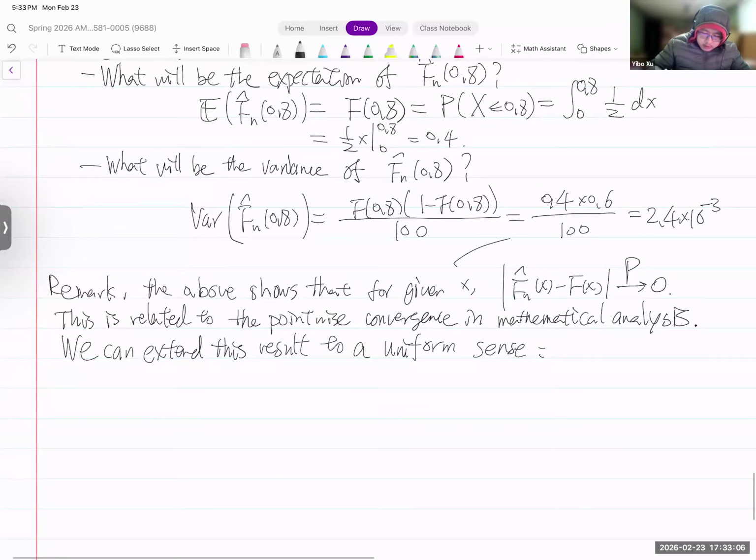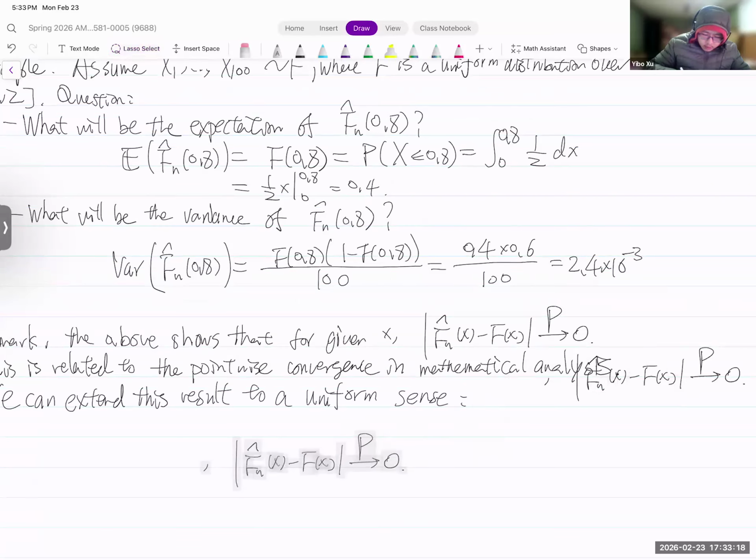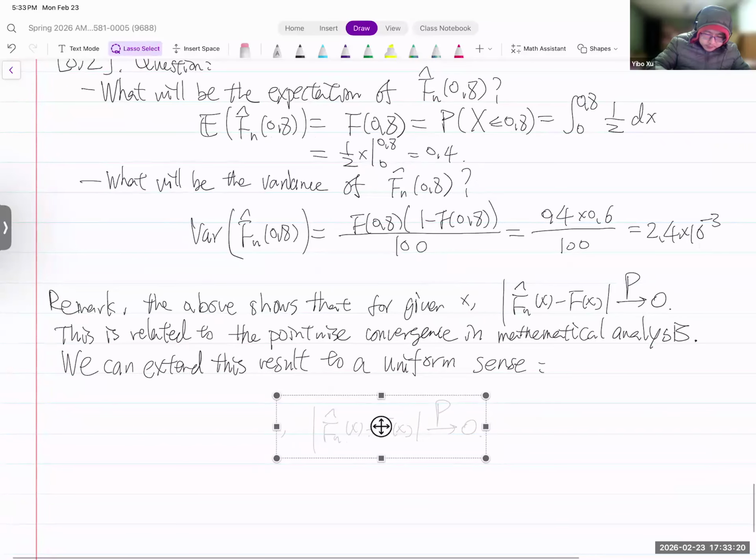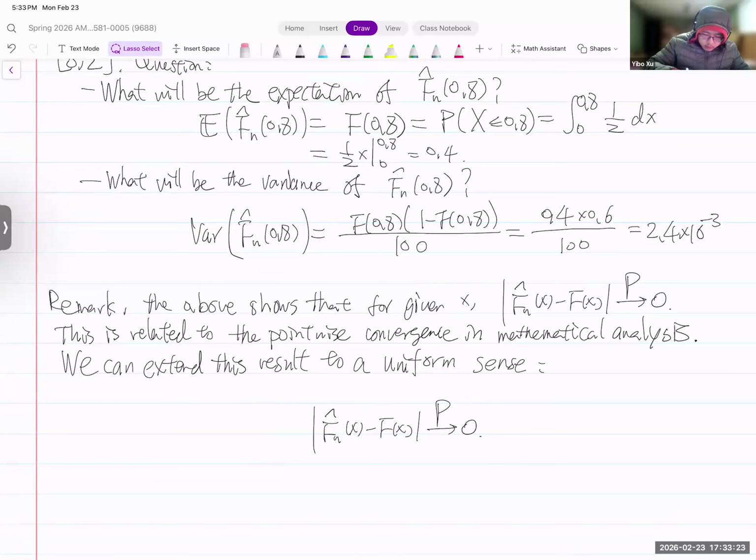So now, instead of converging to 0 for every x, I'm going to say the supremum of this difference is converging to 0. That's what we mean by a uniform sense. So regardless of the x value, this difference is always converging to 0 in probability.